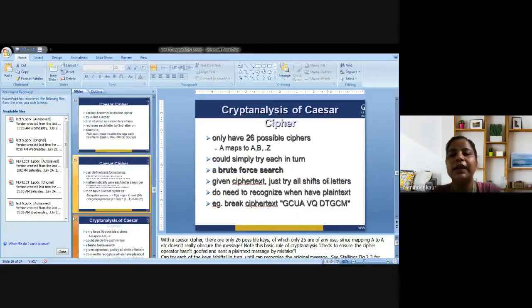Given a ciphertext, just try all the shifts of the letter, and we are supposed to recognize when we have plain text. For example, you are supposed to break the ciphertext given: GCUA VQ DT GCM. We are supposed to convert it into meaningful plain text by trying all the possible shifts, until we get the meaningful plain text that can be deduced.